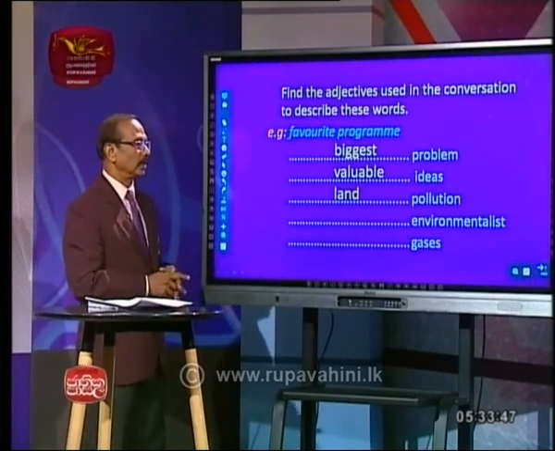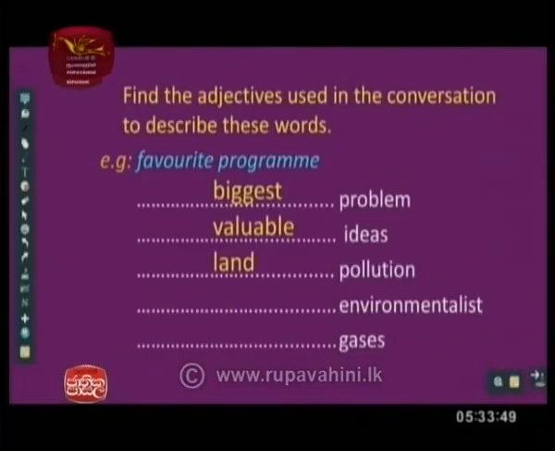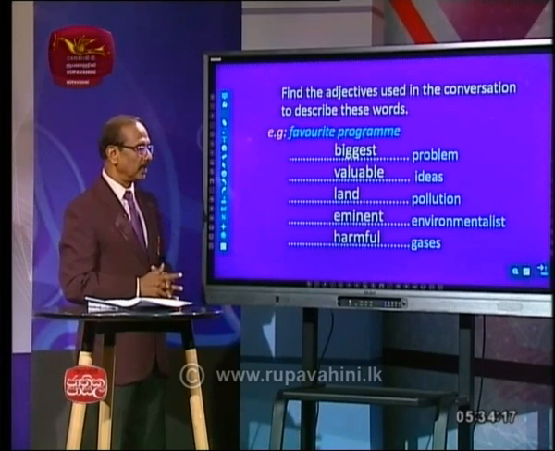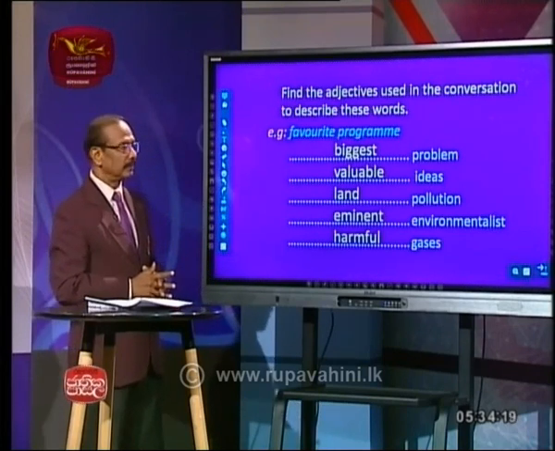Then pollution, land pollution, or you can use environmental pollution, or water pollution or air pollution, one of them can be used. Then environmentalist, eminent, quite prominent, very clever, right, eminent environmentalist. Gases, harmful gases. So, you can see biggest problem, valuable ideas, land pollution, eminent environmentalist, harmful gases.